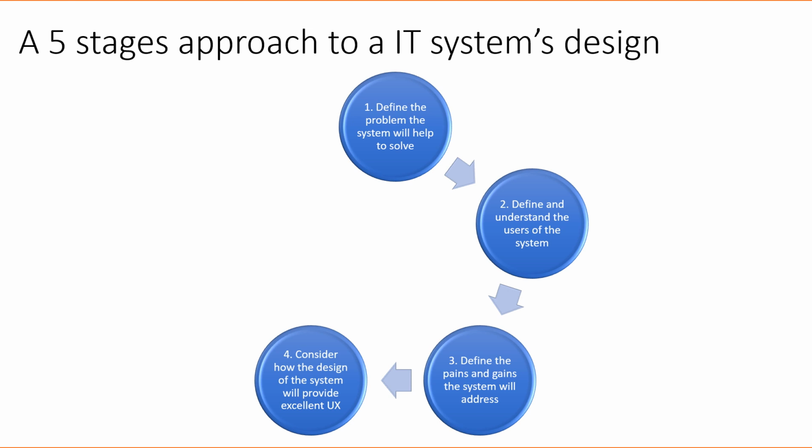So, how the design of your system, I mean the layout of the system, the colors, the ways that people will search for information in your system, how they will interact with the system, how many clicks, in the case of a website for example, the customer needs in order to buy a product.